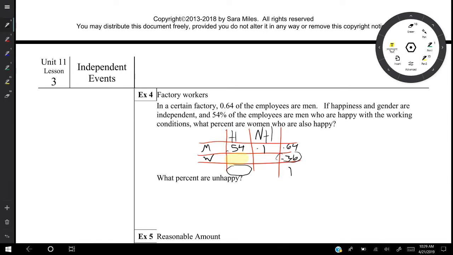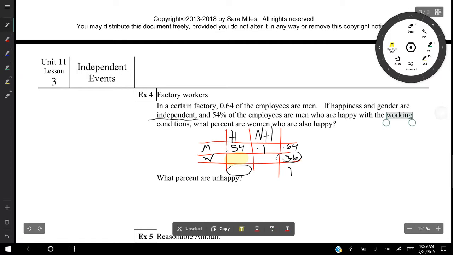Well, the key ingredient is that we said it's independent. So what are we trying to figure out? We want to know the probability of women that are happy.